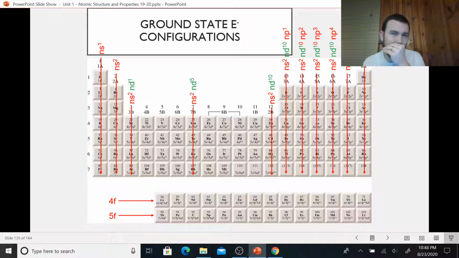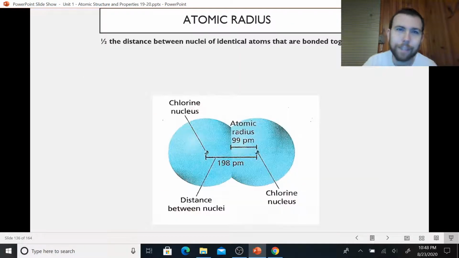Like ns2 nd1, once we get to the fourth row, the transition elements, with manganese ns2 nd5, zinc and anything in the column with zinc ns2 nd10, so on and so forth. I think we're understanding the pattern that we're seeing by looking at those ground state electron configurations. All right, so that leads us to our first periodic trend.